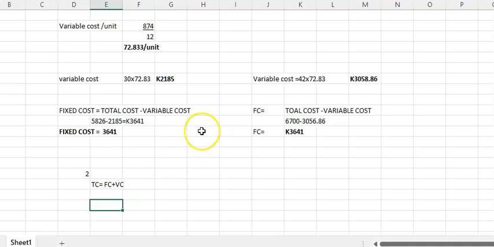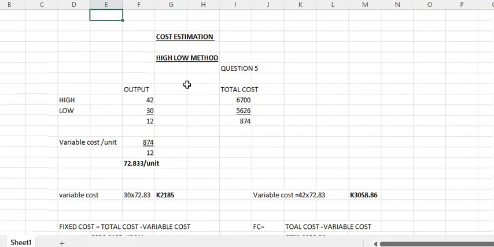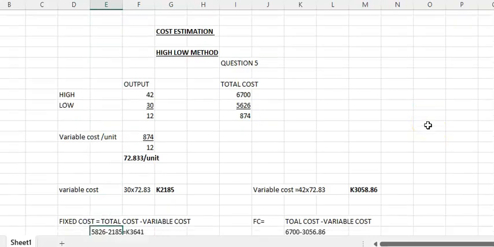In the previous video, part 1 of this question, I answered the variable cost and the fixed cost for the activity levels that we had chosen, when we were trying to estimate the fixed cost given different activity levels.